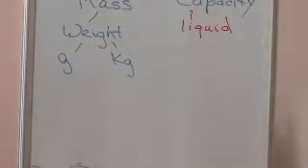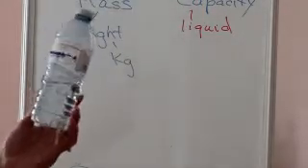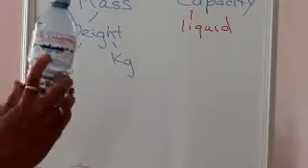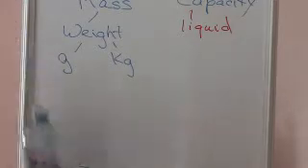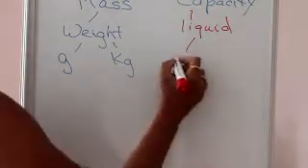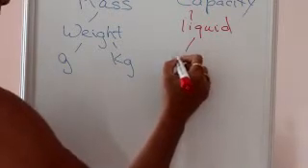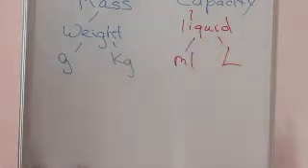If we're doing liquid, I have some liquid here. I have a bottle of water. On it, it tells me how many milliliters it is. Because when we do liquid, we're using two units of measurement: milliliters and liters. Those are the two we use.